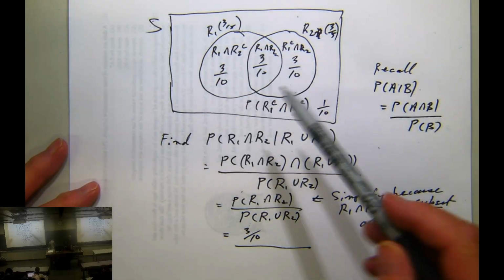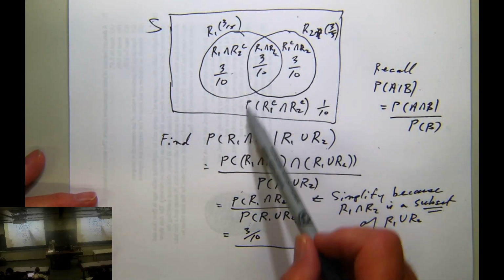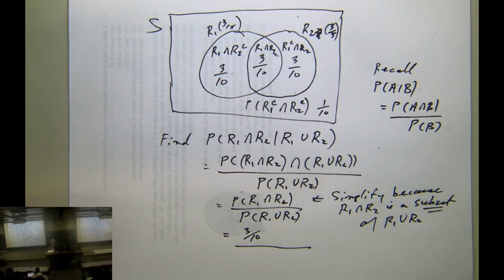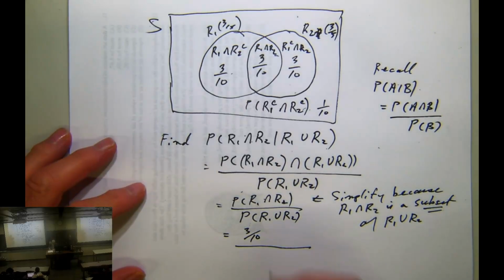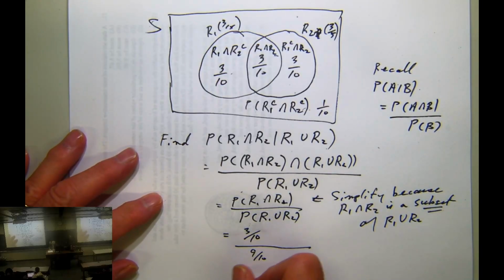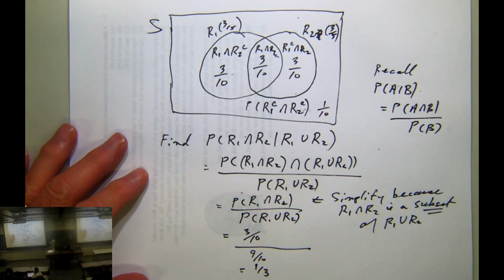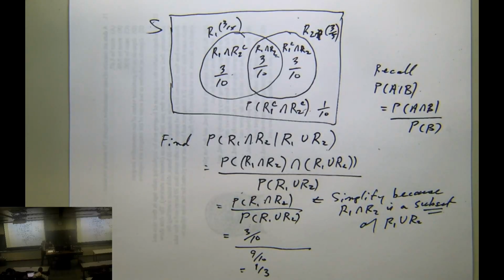We could say it's 3/10 plus 3/10 plus 3/10, 9/10, or we could say the union is everything except this region outside the circles, which is 1/10. So it's going to be 3/10 over 9/10, which is 1/3. Okay? So that's one approach, and we're going to go back to the Venn diagram in a second here.